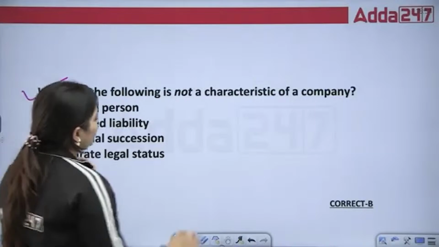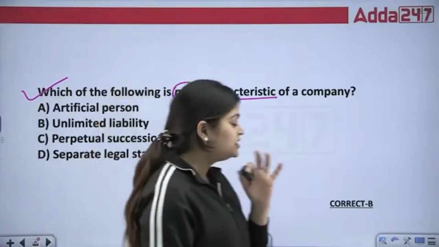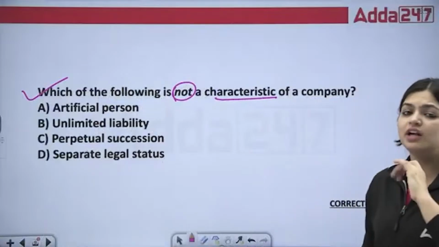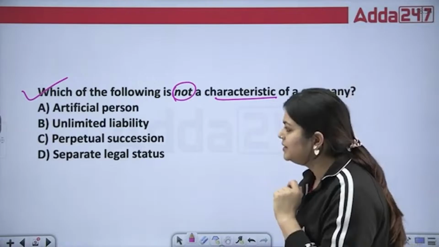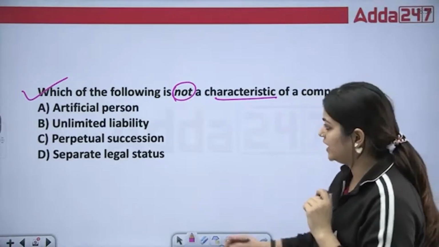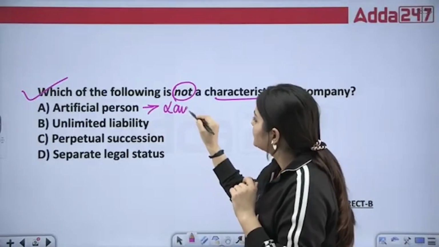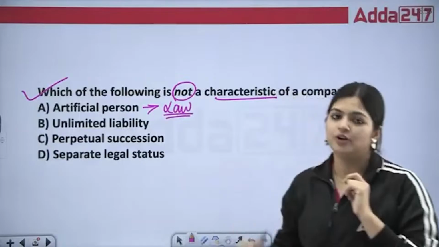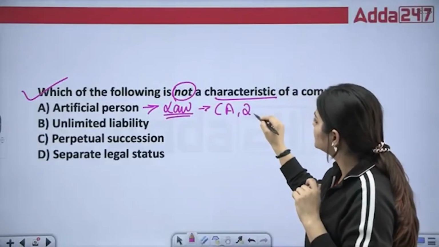Which of the following is not a characteristic of a company? Here you need to identify which is not a characteristic of a company. Artificial person, unlimited liability, perpetual succession, separate legal status. See, artificial person means you are getting separate status by law, by the Companies Act 2013.